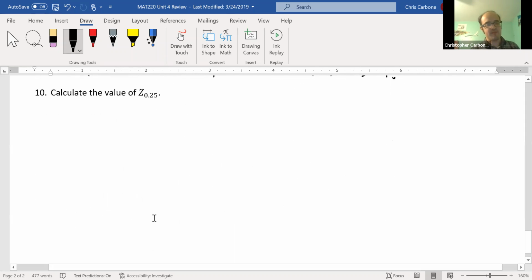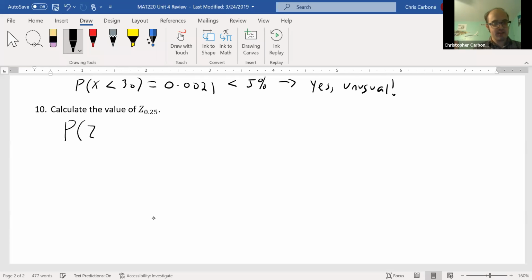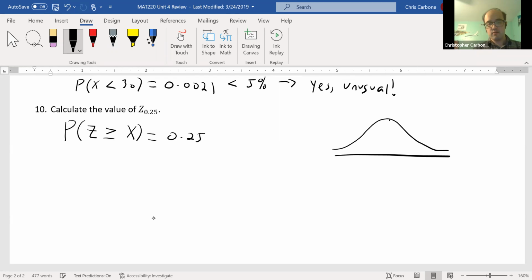And then the last one for this part. We want the value of z sub 0.25. So this is the probability that we have a z-score greater than or equal to some number x is equal to 0.25. The picture that corresponds to this, with a mean of 0, we have x down here-ish, and we want this area above it to be 25%.